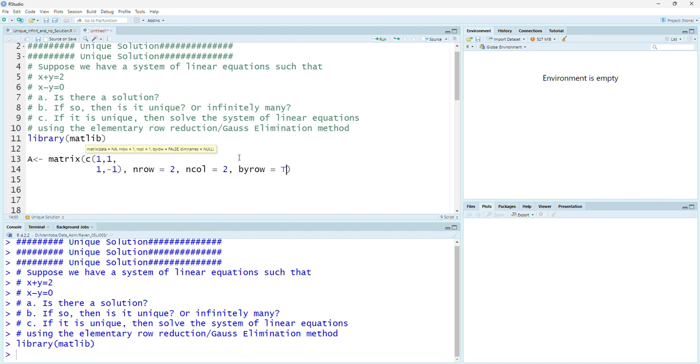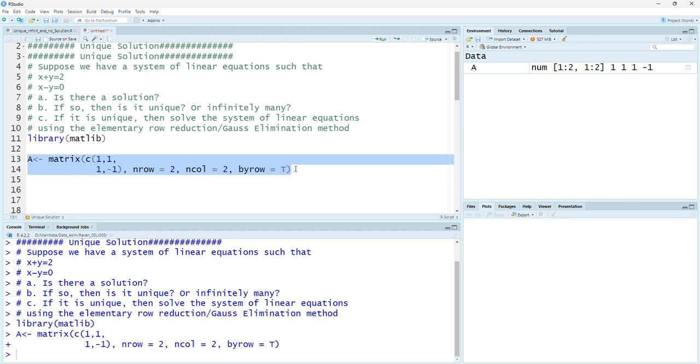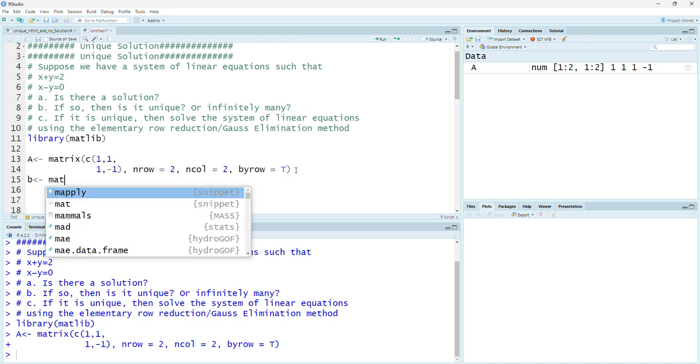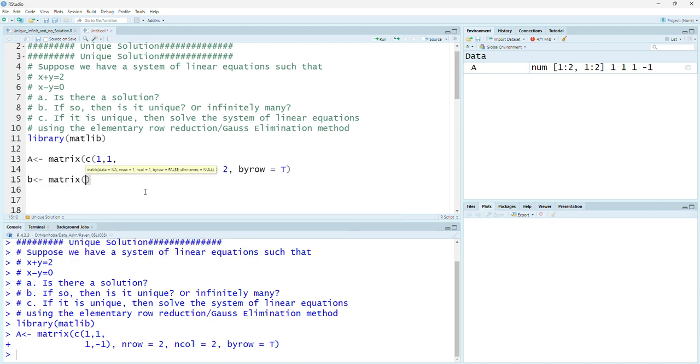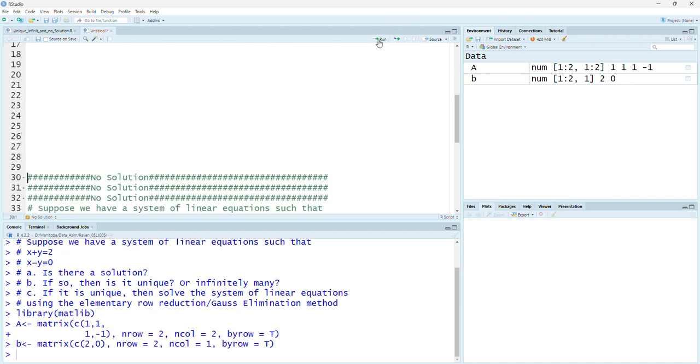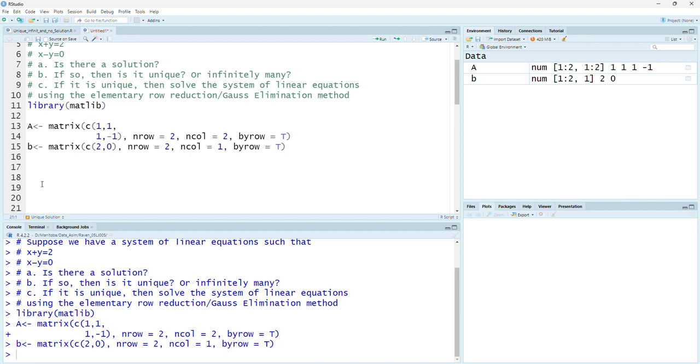So I created a matrix A. Now I am going to create matrix B. My matrix B is c(2, 0), number of rows is 2, number of columns is 1, and by row is true. So we created two matrices.